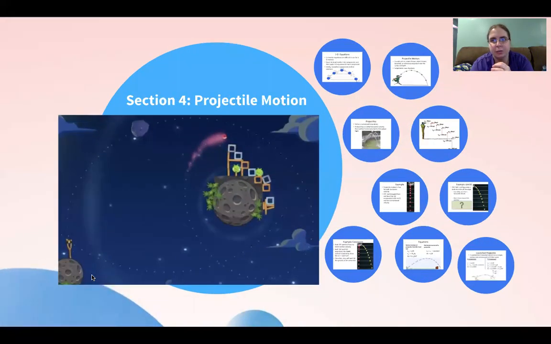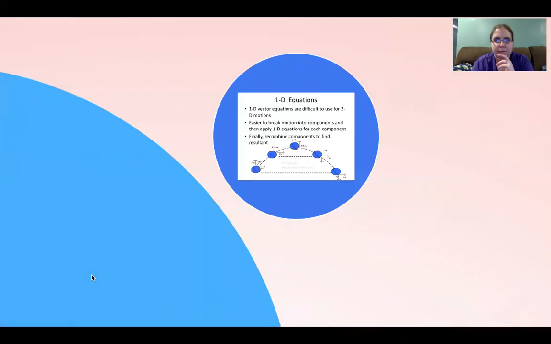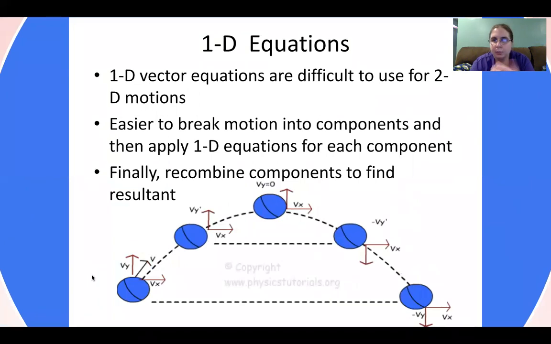All right, projectile motion. So in our previous chapter, we talked about one directional motion, including free fall, and we talked about the 1D equations. Well, those are difficult to use for two directional motion because instead of just looking at this or at this, we have to look at that.